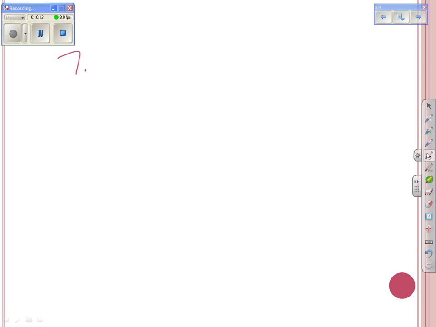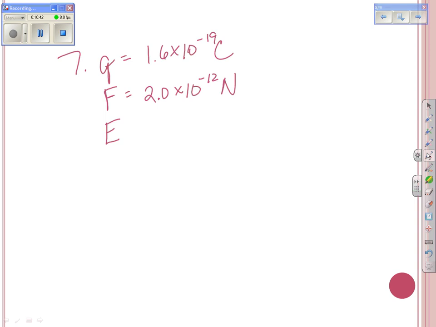If a sodium ion carries a charge of, so we have a Q of 1.6 times 10 to the negative 19th coulombs, as it is pumped with an electrical force, which we call F, it's still a force, all right, of 2.0 times 10 to the negative 12 newtons. I want to know what the electric field between the two is.